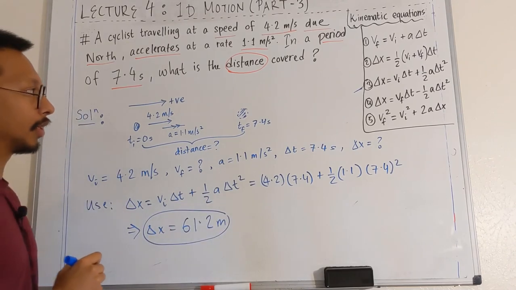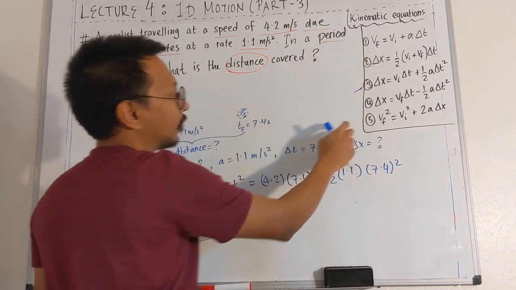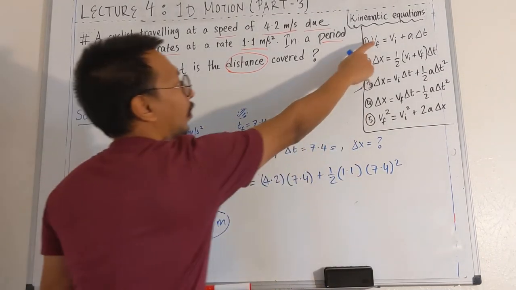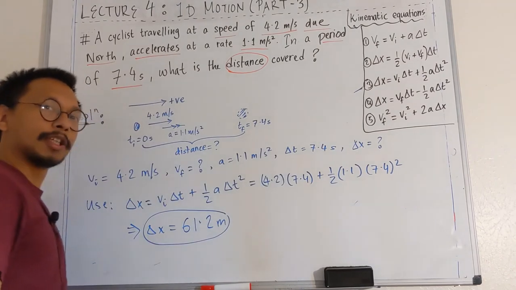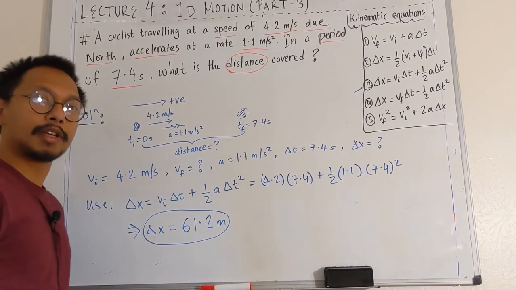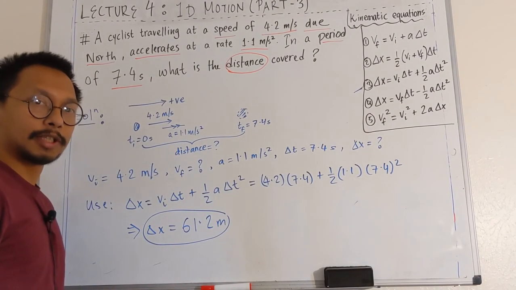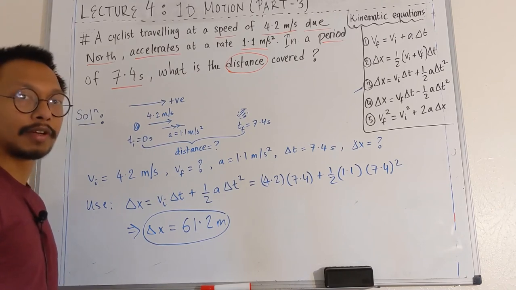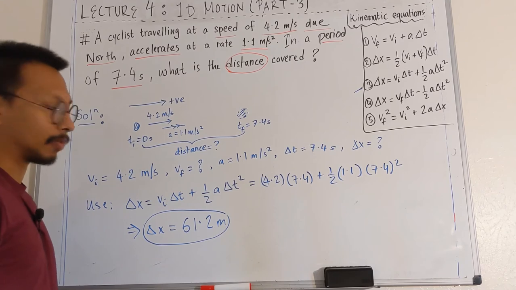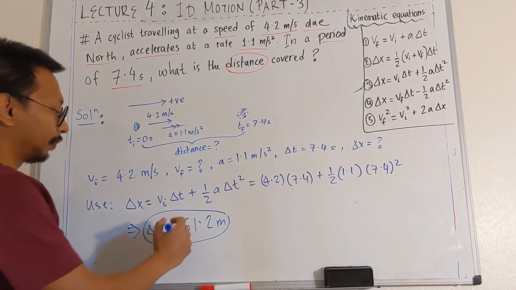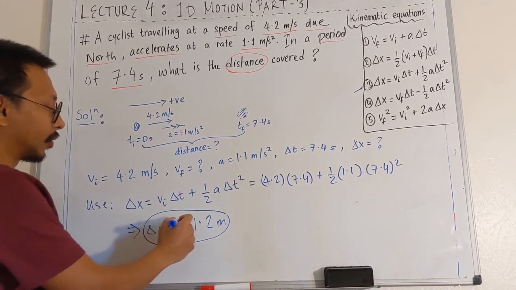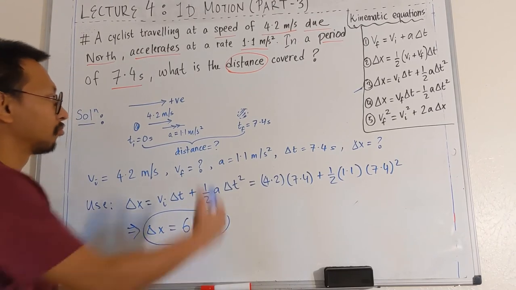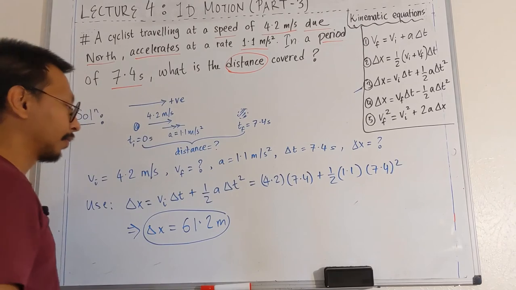Okay, but we are not quite done yet, because if you remember, when I wrote down these equations, I said that delta x is the displacement. So what is the difference between a displacement and a distance? Displacement is a vector. Distance is the magnitude of that vector. Distance is the magnitude of displacement. So even though delta x gives you a positive number, it could have given you a negative number, denoting that the cyclist was going the other way.